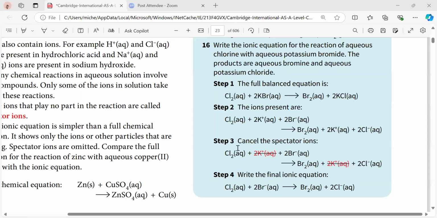So we're going to cross that out because it's considered spectator ions. So now we're going to write down the equation again without the spectator ions. And now we have the final ionic equation without the spectator ions. So this is basically how you do ionic equations.